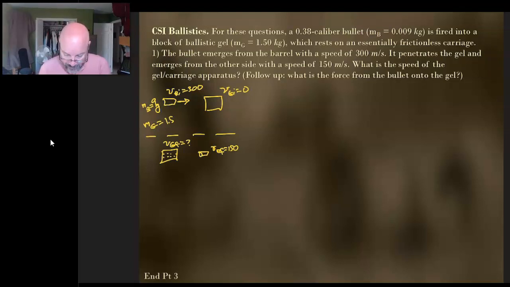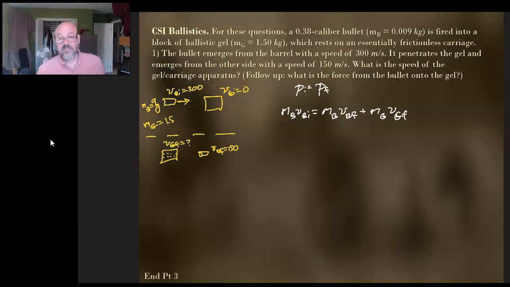Okay, so let's get to it. We're going to say our initial momentum equals our final momentum. Initially, all we have moving is the bullet, so we have the mass of the bullet times VBI, the initial velocity of the bullet. And that's going to turn into the mass of the bullet times VB final, plus the mass of the gel times VG final for the gel.